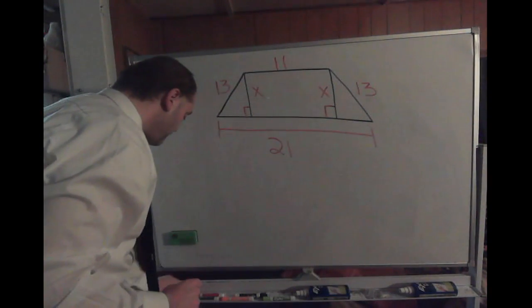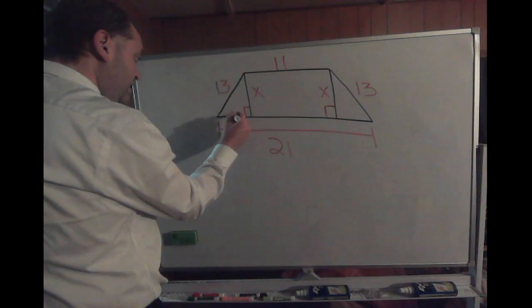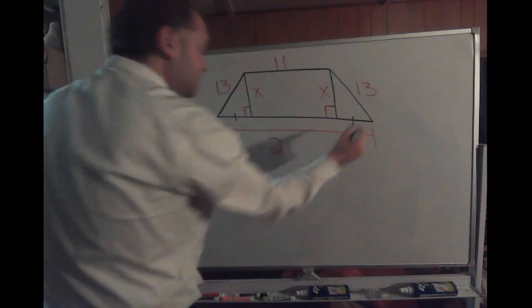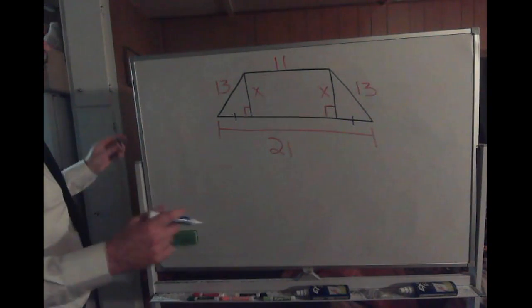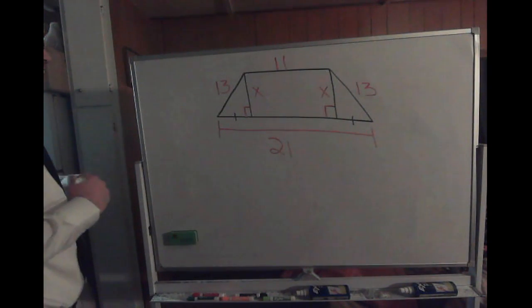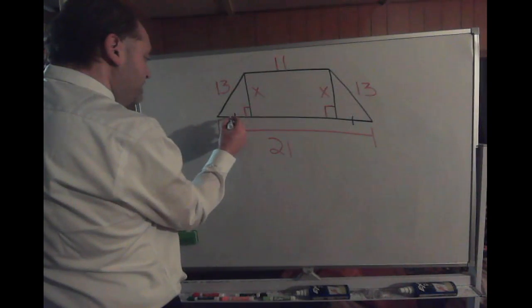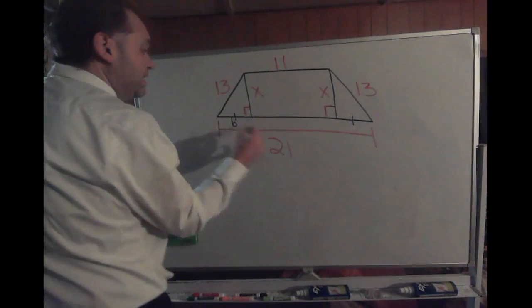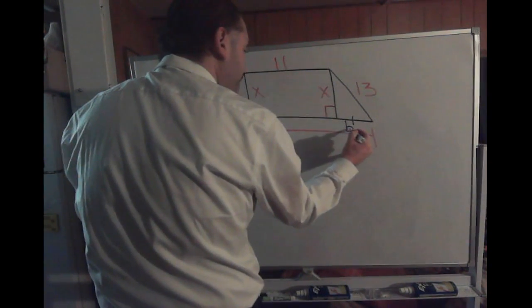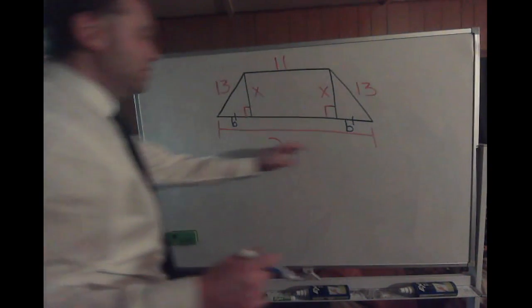So, in other words, this leg here is congruent to this leg, okay? Let's call this leg b again. Now, the whole length here is 21.